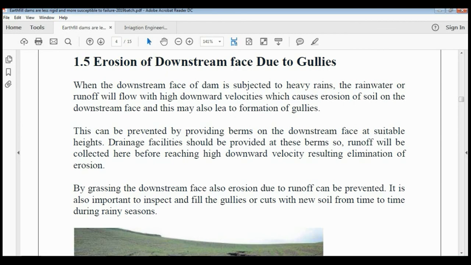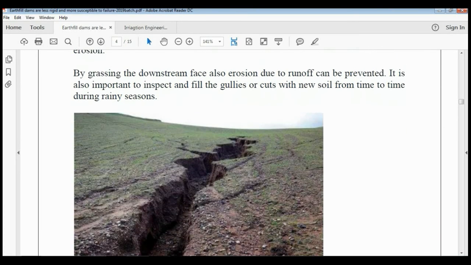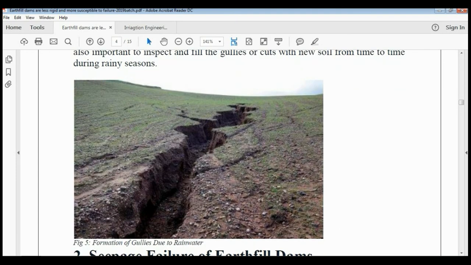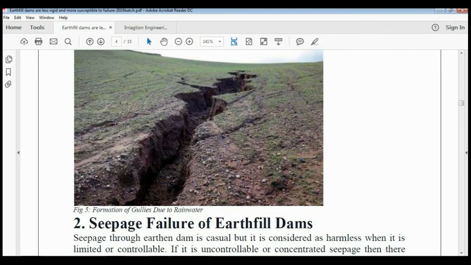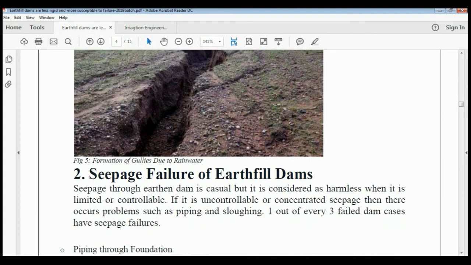This is called bumps. So these are the gullies, and to avoid these gullies we provide bumps. Bumps means we are providing a flat surface on the steep slopes.